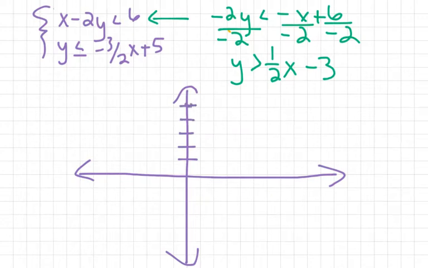My graph goes down 3 and to the right 2. I have 3 points. That's good enough to graph. And remember, I have an inequality of less than or equal to, so I want a solid line.